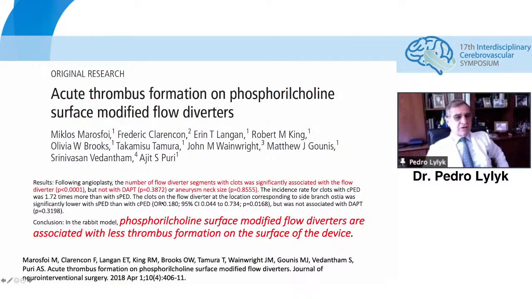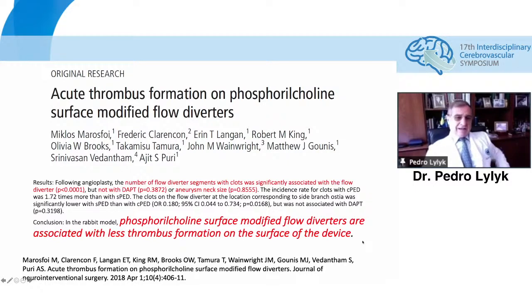And I must tell you that there were also a lot of papers out. I like very much the one from Matthew's group from UMass, showing that the modification was associated with less thrombus formation on the surface of the device. But to say that, you need to see the device, and that is possible because of the OCT. That's important.